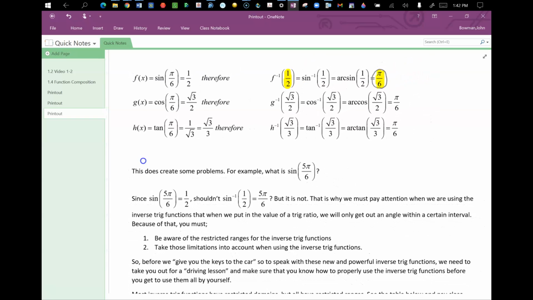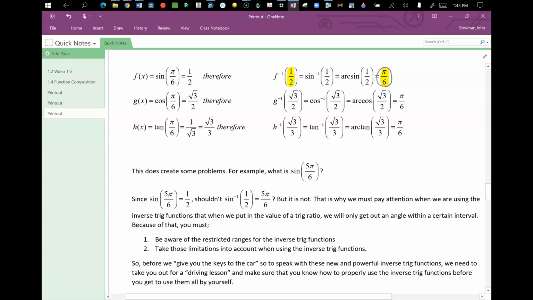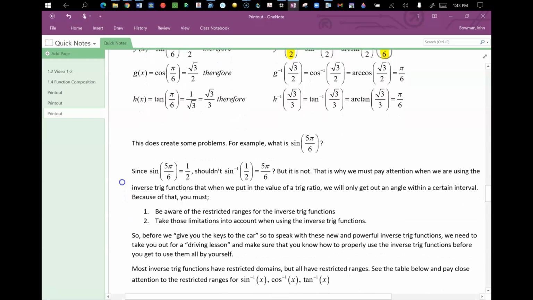That's why we put the restrictions on the inverses to begin with, so that they are functions, so that when we put in a trig ratio, we only get one angle out. This, however, creates some problems for us, because when we're using them in applications, we may want to be thinking about one of the angles that is not given by the inverse trig functions.